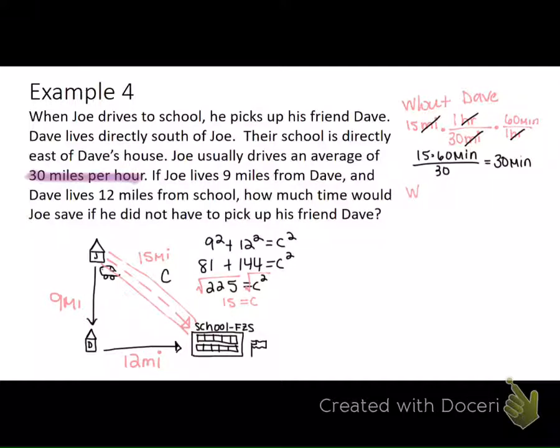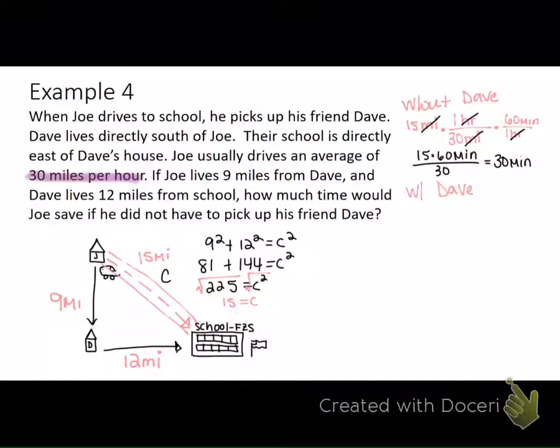So with Dave, how far does Joe have to travel? How far does Joe have to travel with Dave? How many? 21. I heard 41, so I just want to make sure I heard the right thing. So 9 plus 12 is 21. So it's 21 miles, and we already said that miles needs to be on the bottom.